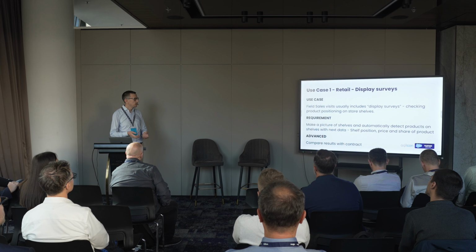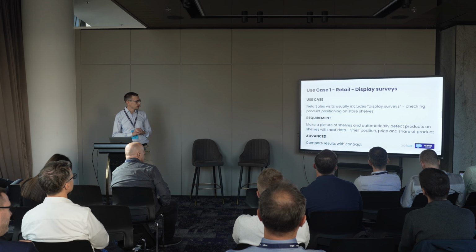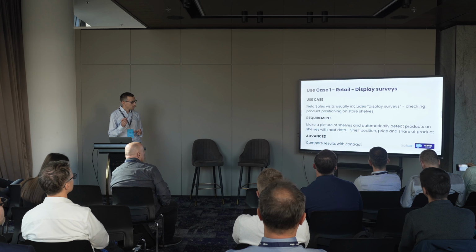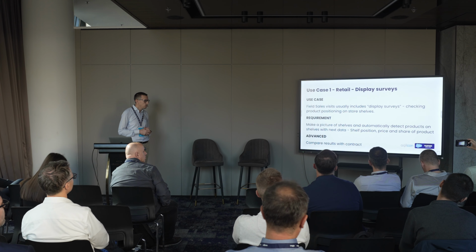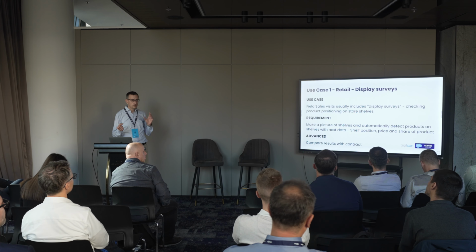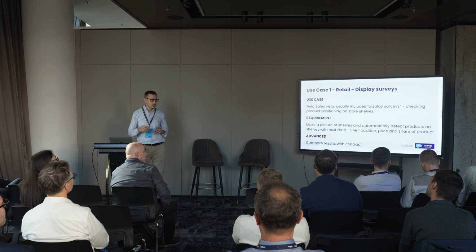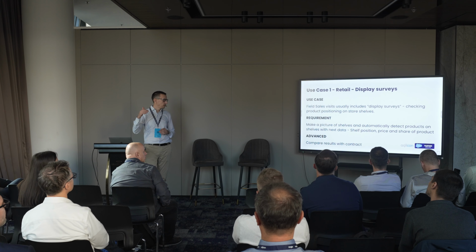The requirement is to take a picture of the shelves and automatically detect products on the shelves with data like shelf position, price, and share of product. The next level could be to compare these results with the contract and get a semaphore: green, yellow, or red.